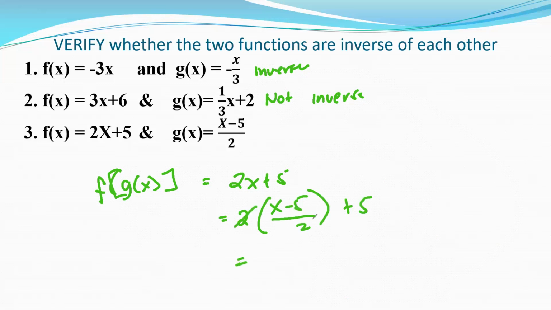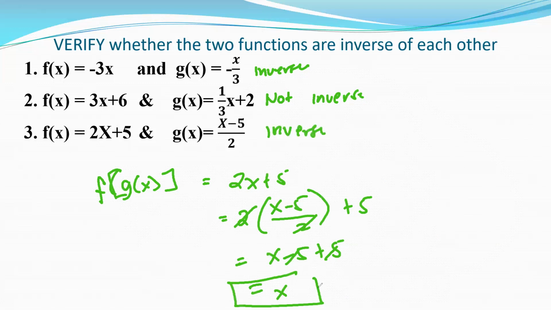Then simplify by cancelling 2. x minus 5 plus 5. Minus 5 plus 5 is 0. So our answer is x. Therefore, they are inverse of each other because the answer that we got with our composite process is x.